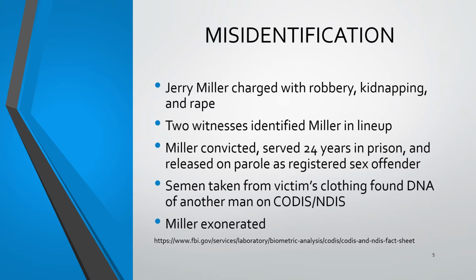Years later, semen taken from the victim's clothing was analyzed. The DNA from the sample was shown not to have come from Miller. The DNA sample was entered into CODIS, which is the FBI's convicted offender database, and another man was identified. Eventually, Miller was exonerated. A link to CODIS is set forth on the slide.